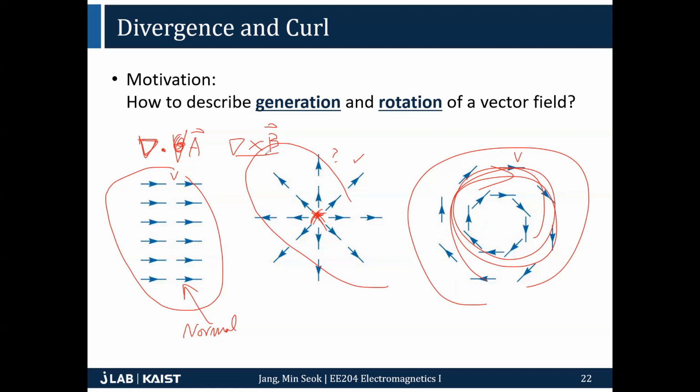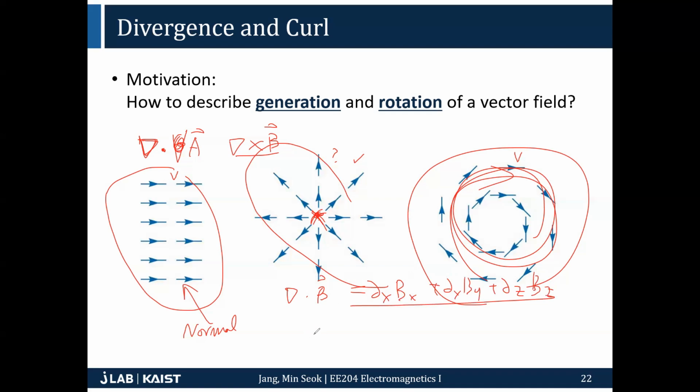Probably when you first learned divergence and curl, you learned how to evaluate them: partial x of Bx, partial y of By, partial z of Bz. This is the definition of divergence, and there is a similar definition for curl.